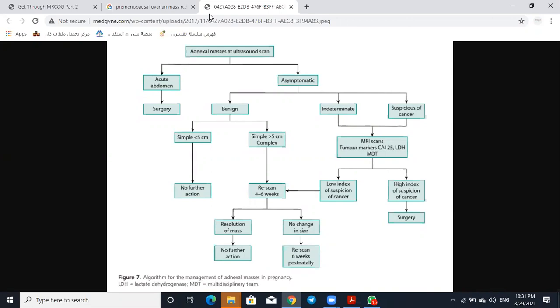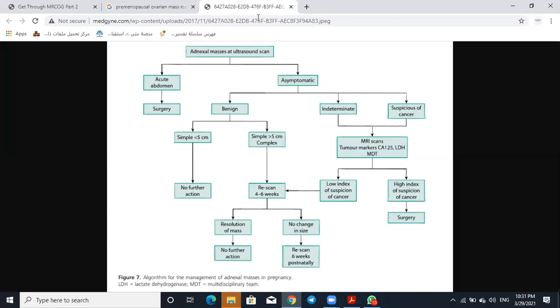If it's simple, more than 5 centimeters, or complex, you will go for a rescan after 4 to 6 weeks. If resolution of the mass, no further action. No change in the size, we will rescan 6 weeks postnatally.